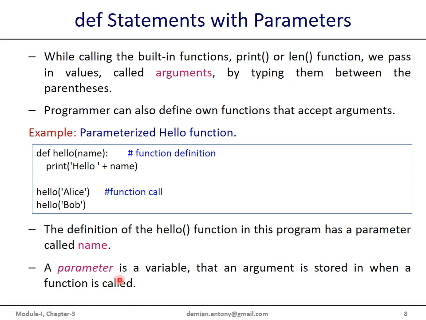Formally, a parameter is a variable that an argument is stored in when a function is called. Similarly, the argument is a value or a variable that is supplied to a function when there is a function call.